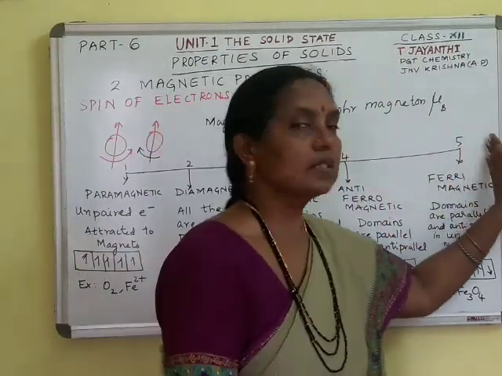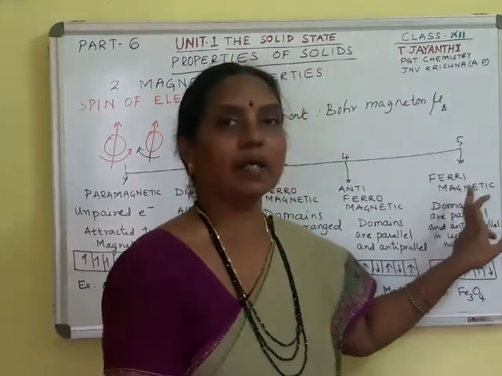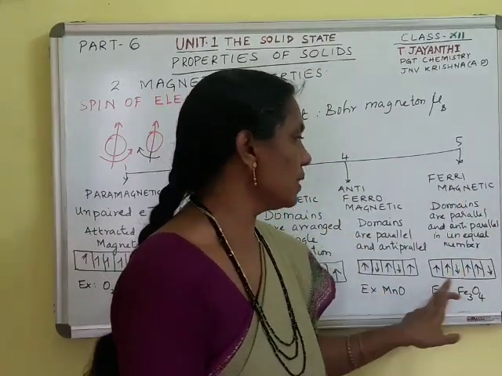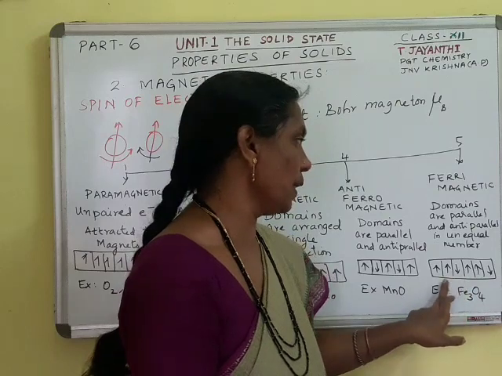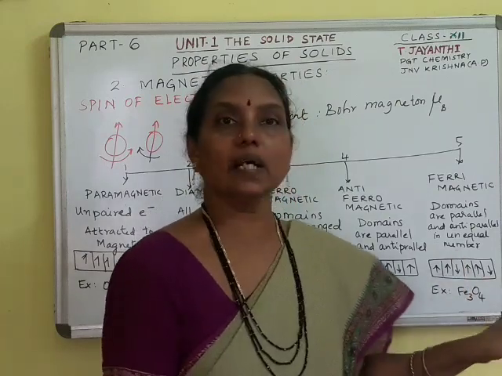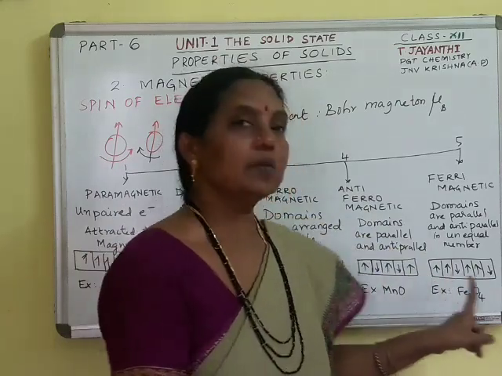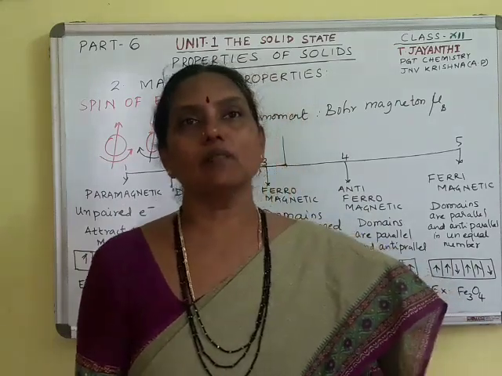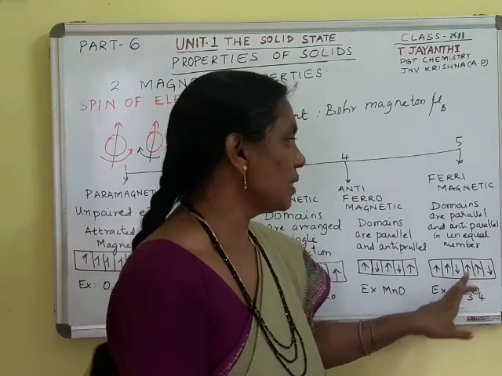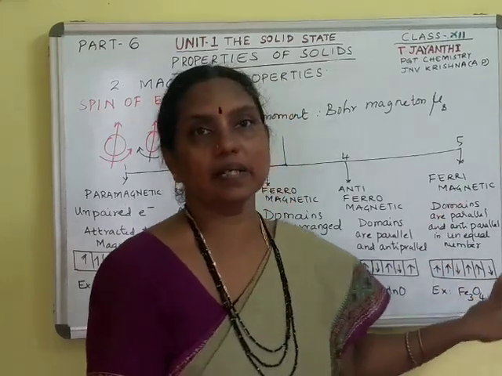Now coming to the last type of magnetic substance, ferrimagnetic substance. In these substances, the domains are arranged parallel and anti-parallel, but they are unequal in number. That means the number of parallel domains is unequal to the number of anti-parallel domains. That's the reason this gives a magnetic property.